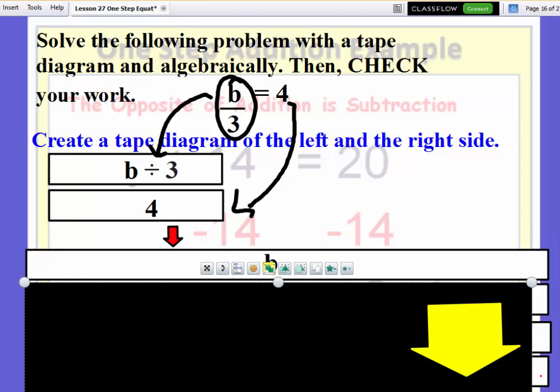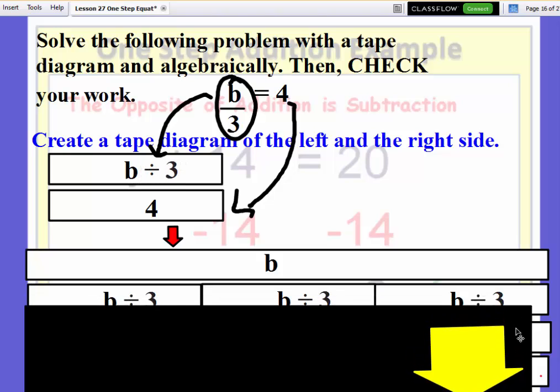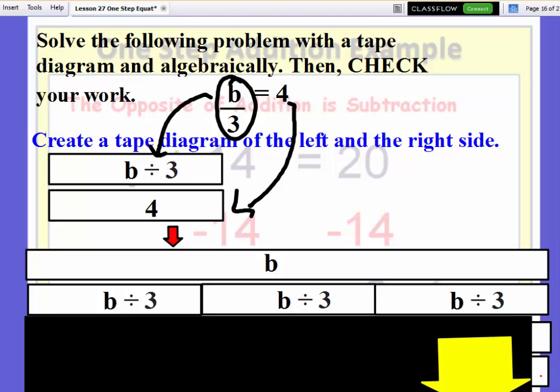And then I need to ask myself, how many groups did I divide b into? Well, I see 3 here. It says I divide it by 3. So I know b divided by 3, I'm going to have 3 groups. Here's 1, 2, 3. Since I divide it by 3, I need 3 groups of b divided by 3 to make a whole b.